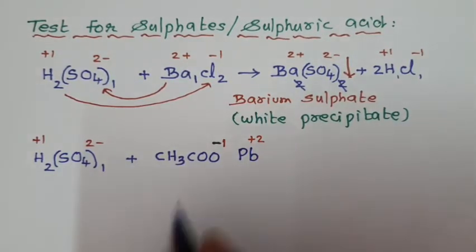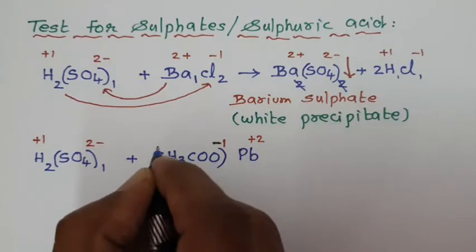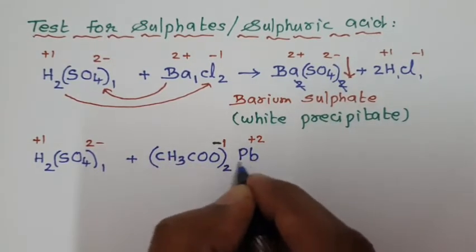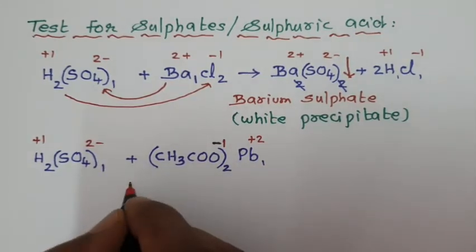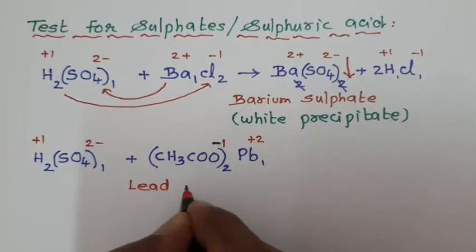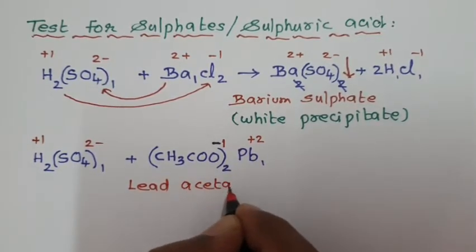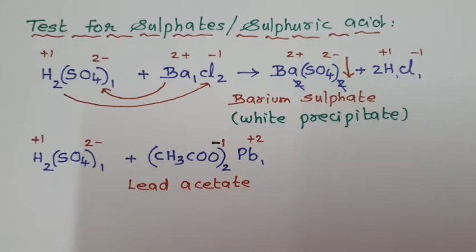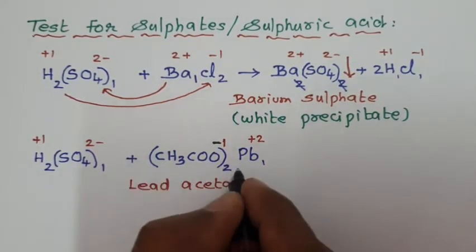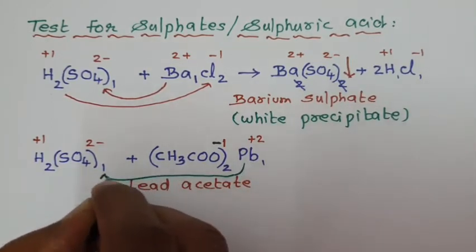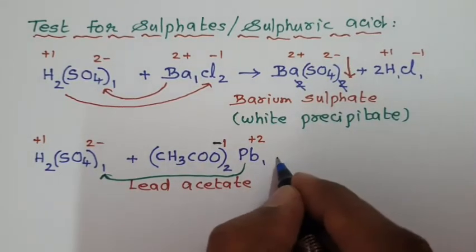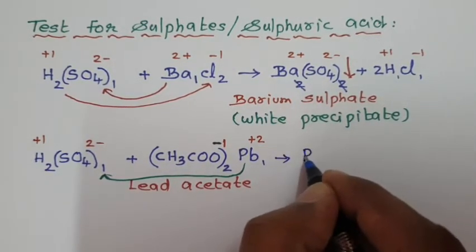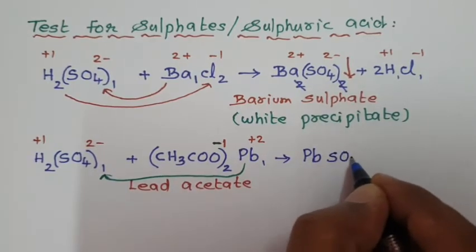So, now how to write the molecular formula? Lead valency 2 is written here. Acetate valency is 1. So, this is your lead acetate. As in the first reaction, which combines with which one? Now, sulfate 2- ion combines with lead 2+, and acetate minus combines with H plus. What is our product formed? Our product formed is PbSO4.